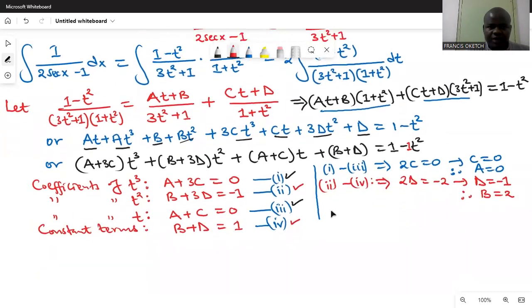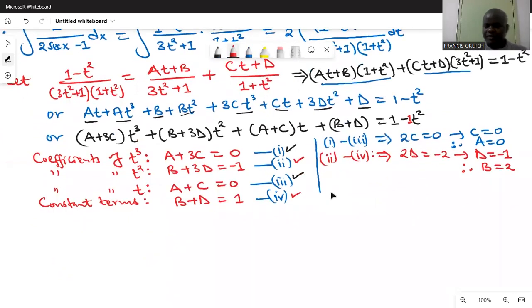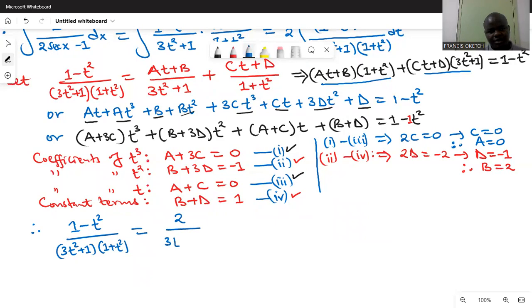So we go back to our partial fractions. Therefore, 1 minus t squared over 3t squared plus 1 times 1 plus t squared can now be written as: a is 0, so that is 0t plus b, and b is 2, so that is 2 over 3t squared plus 1.